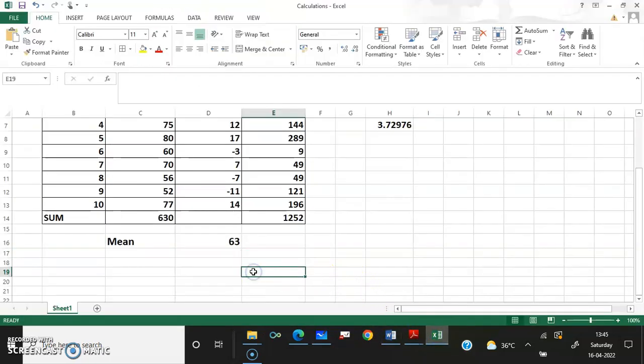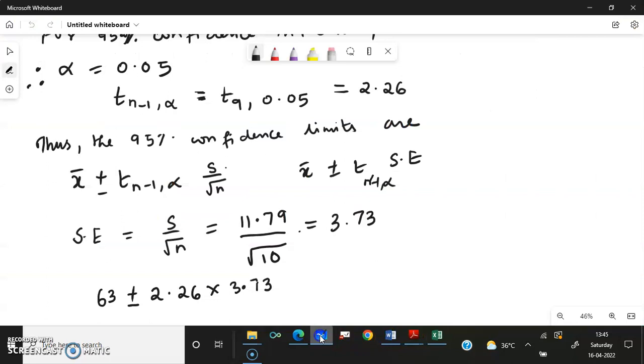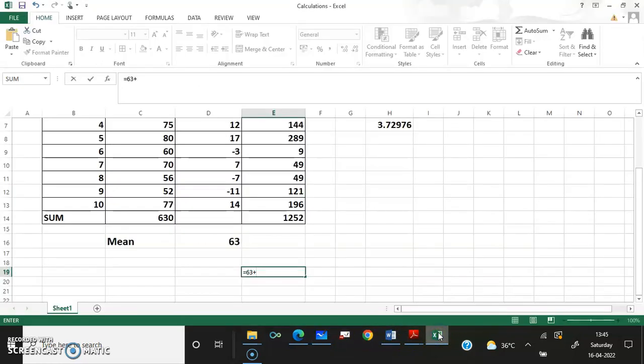Equal to 63 plus, we'll take plus first: 63 plus 2.26 into 3.73, the standard error.